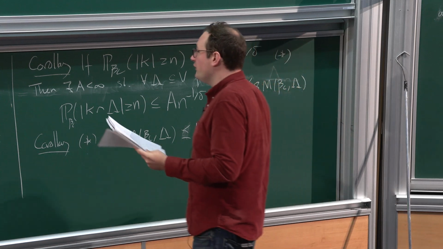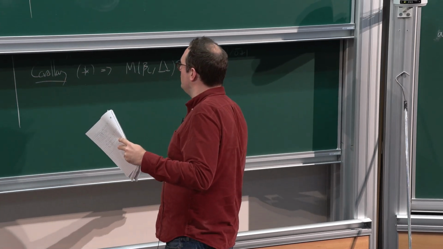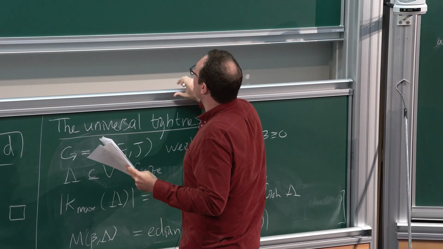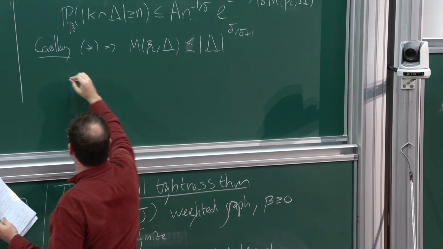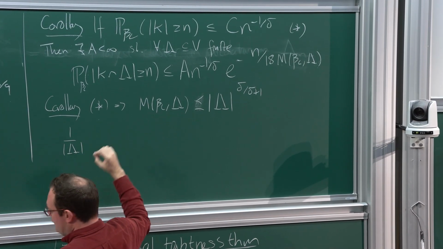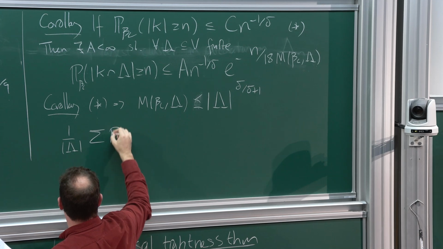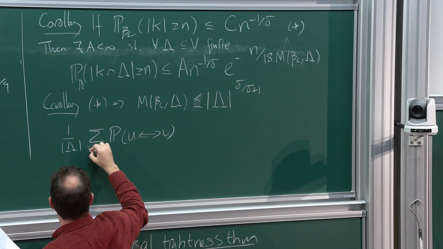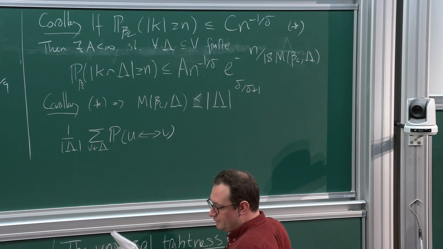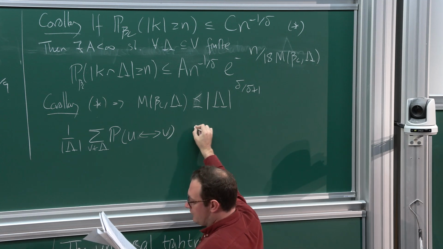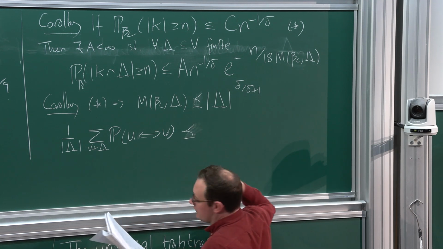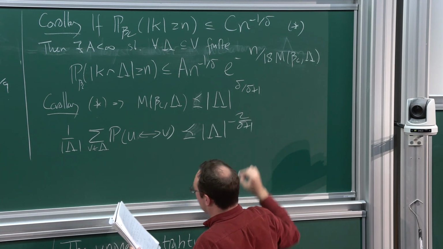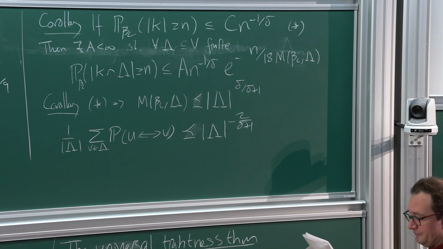And moreover, if you look at the average of the two-point function from some point to v, where v is summed over the set, then this is bounded, again up to some constant, by the size of the set to the minus 2 over delta plus 1.